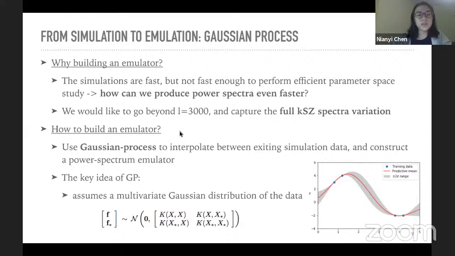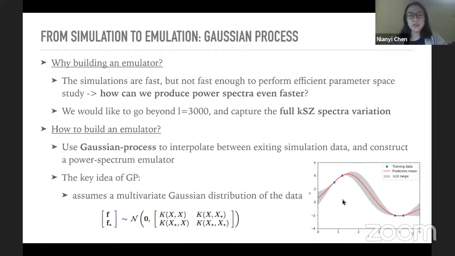Gaussian process regression is a non-parametric regression method which enables us to interpolate between existing simulation data and construct a power spectrum emulator which can predict the data at n sim points. I'm not going into great detail on the GP, but the key idea is that the Gaussian process assumes a multivariate Gaussian distribution of the data.